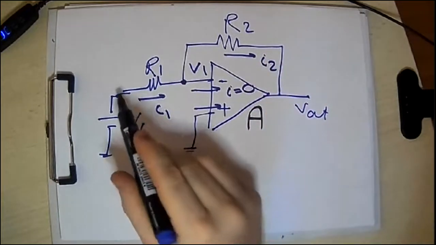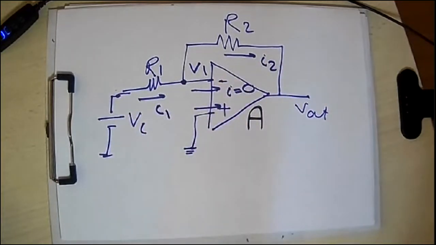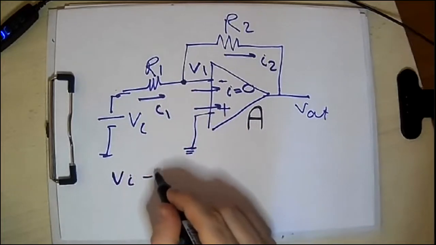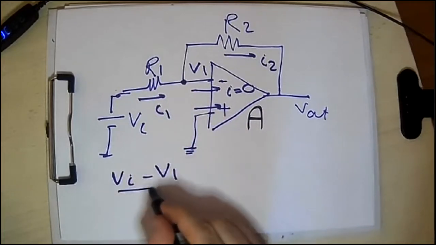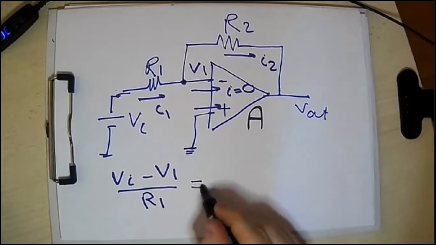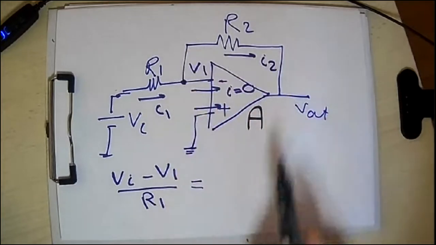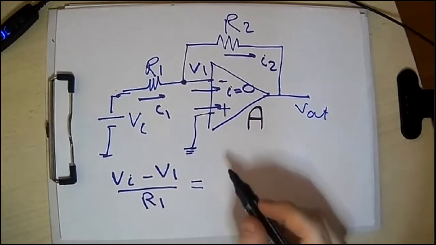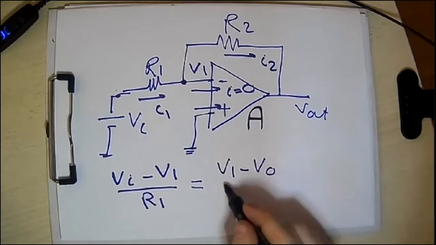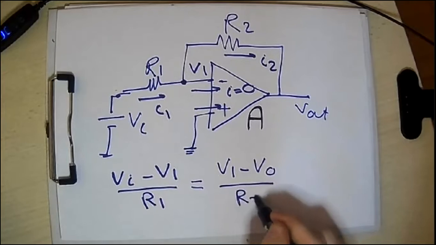The current flowing in R1 is V input minus V1 over R1. This should be equal to the current flowing in R2, which is V1 minus V output over R2.